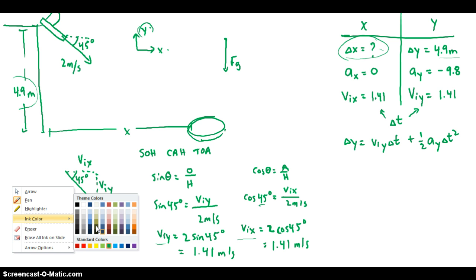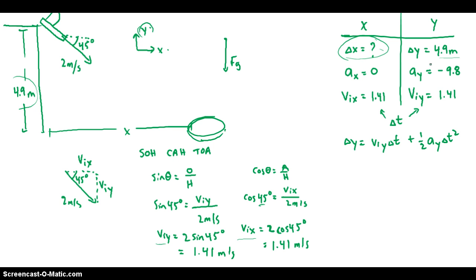One thing that's really important to include is that we started here and we're finishing at a height on the ground. So my delta y is actually negative because we're going down.